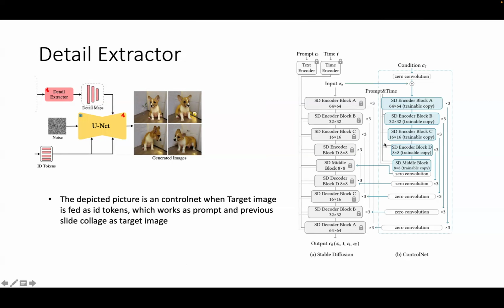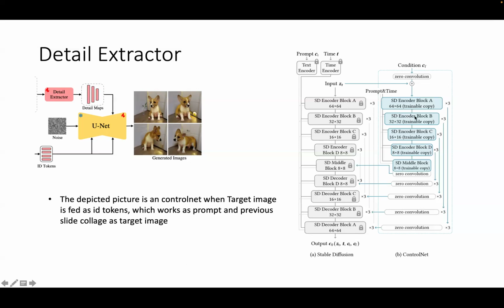We have this encoder, and then we have this middle block, and then a skip connection injected into this encoder. This part is trainable, and this is frozen.